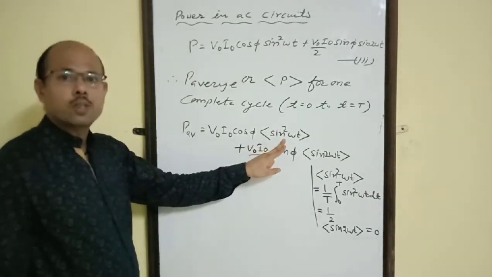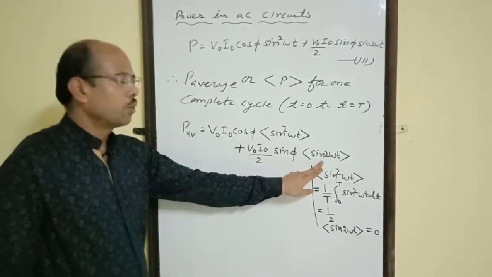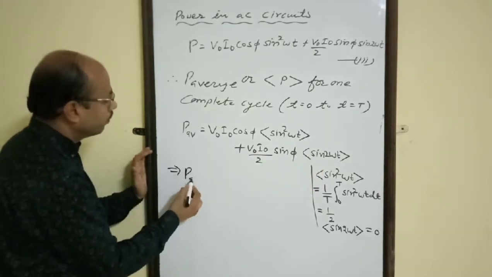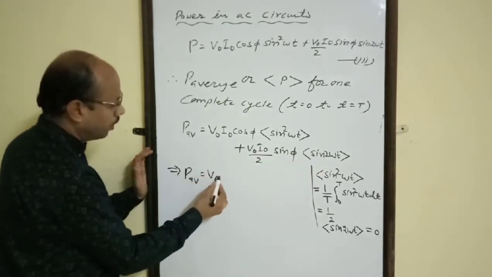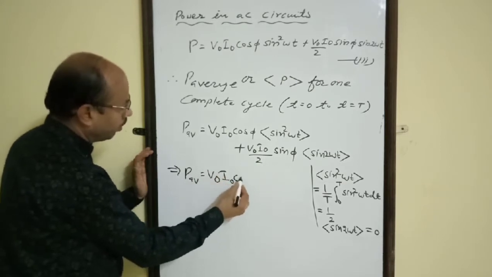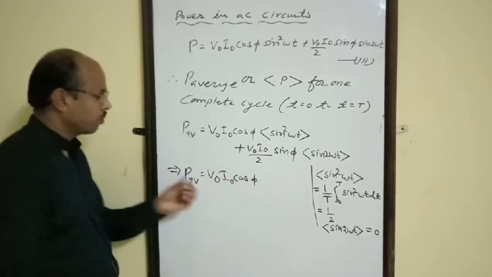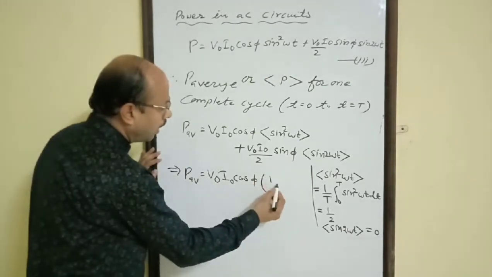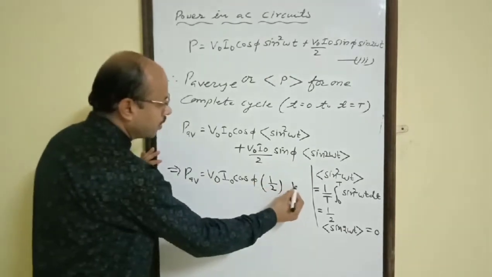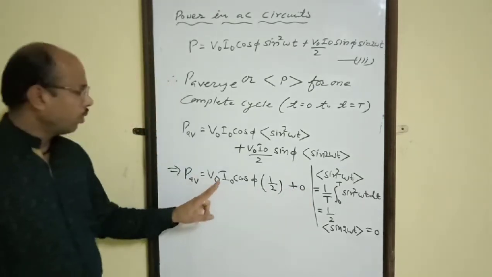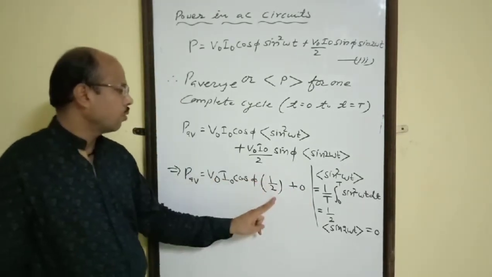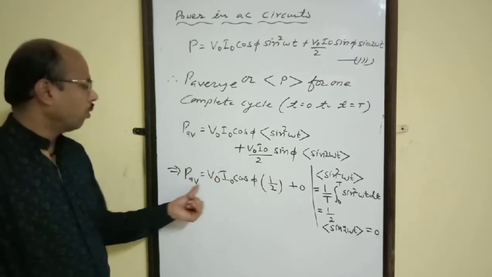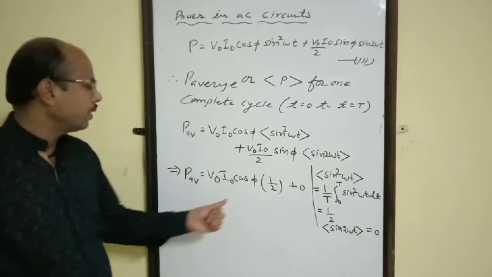Here we use the value half, here we use the value 0. Therefore, P average becomes V naught I naught cos phi into half plus 0. That is the average value of power for one complete cycle.